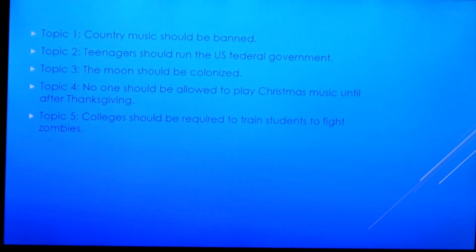So pick one of these, and you can have fun with it like I did on the other one: make up some information and fill in each one of those sections. And the sillier you make it, the more fun it is. But fill in each one of those sections, and then we'll go back and pick it apart and figure out what the logical fallacies are in there.